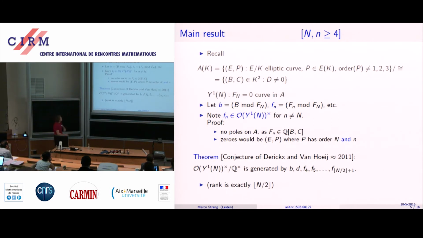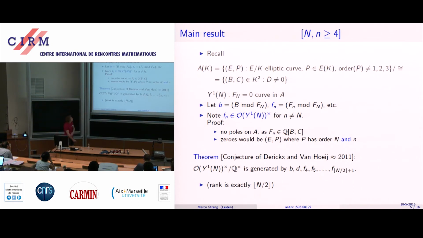Okay, so up there in gray is what I had on the slide before. And now I just let b be B modulo F_n. So capital B was one of these polynomial ring generators. Little b is just capital B modulo F_n. And little f_n will be capital F_n modulo F_N.